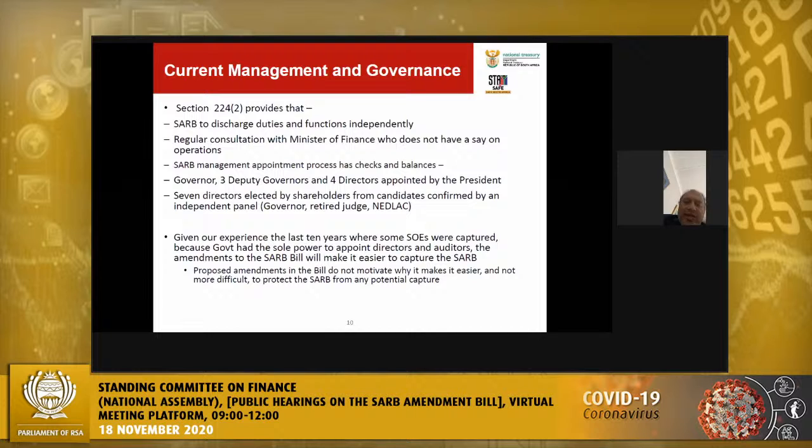So in a sense, the proposed amendments will make it much harder to protect the SARB from such risks in the future. Given the lessons that we've learned, I think these are risks to take into account. The fact that one minister or government itself doesn't appoint all shareholders does bring in some inbuilt protection to the SARB, which is a critical institution. Next slide.